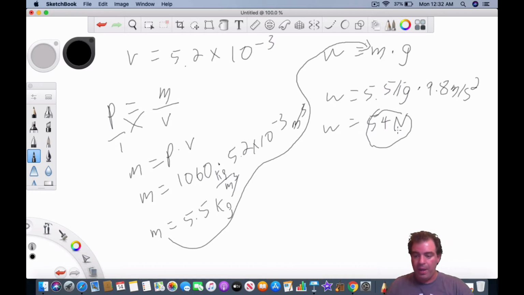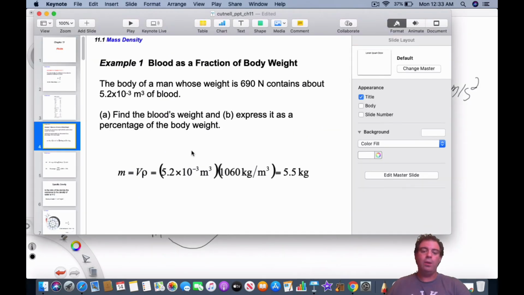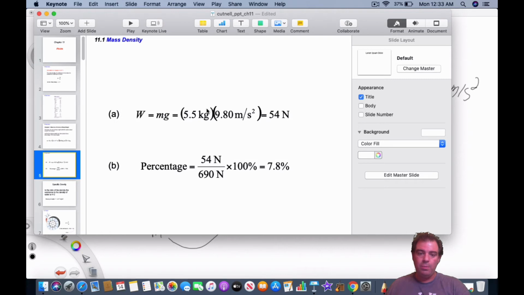Going back to our presentation, we see that the mass, just as we calculated, is 5.5 kilograms. When we multiply it by 9.8, it is 54 newtons. To find the percentage, we take the 54 newtons, that is the weight of the blood, and divide it by the whole weight of the body times 100, so it's about 7.8%.